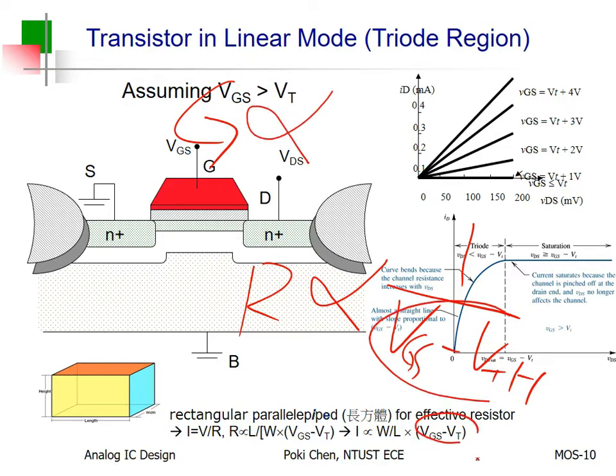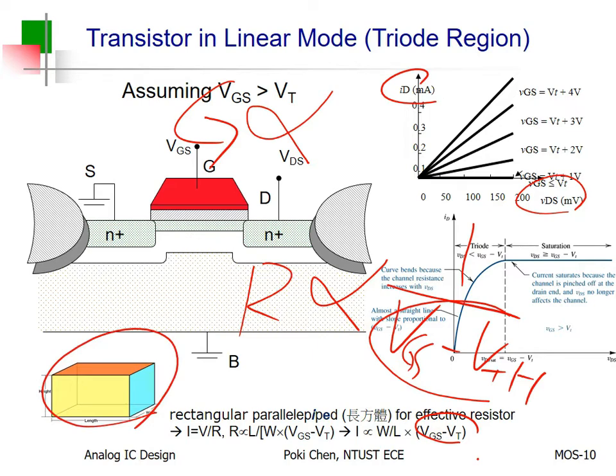Bingo. That's it. So you can see ID over VDS. From the very beginning, we have such a three-dimensional shape for your channel.